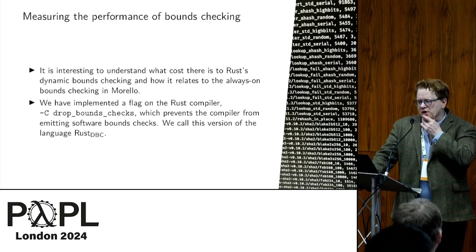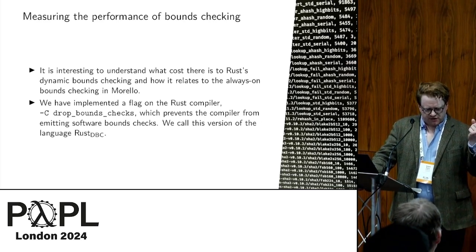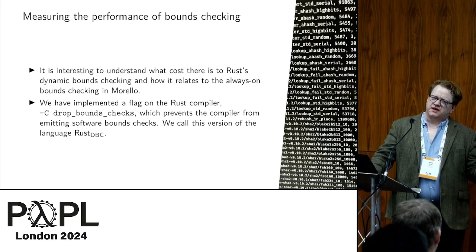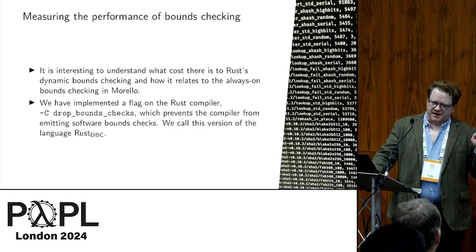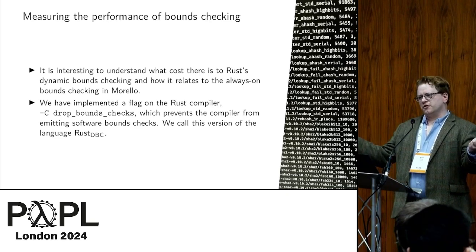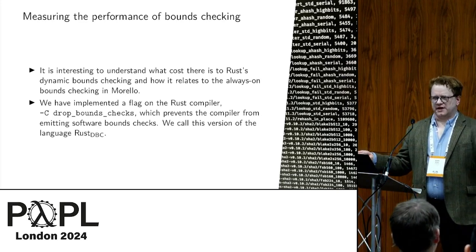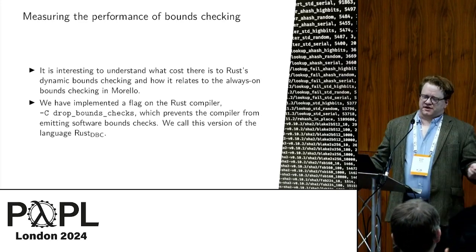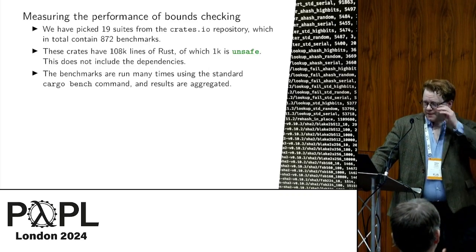There's a particular point of comparison here that's interesting, which is that Rust, the type system, guarantees safety as much as it can, but it has to punt to runtime checks occasionally. And so we can compare software checking with hardware checking. It's not exactly the same thing because of that imprecise bounds information in Morello, and because Morello gives you complete memory safety across everything, and unsafe code isn't covered by the guarantees of Rust. But it's still interesting to look at the difference.